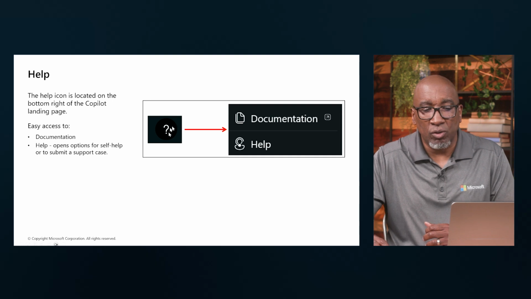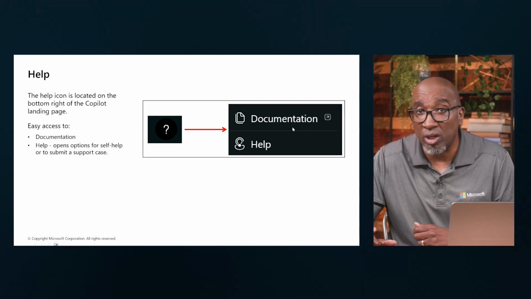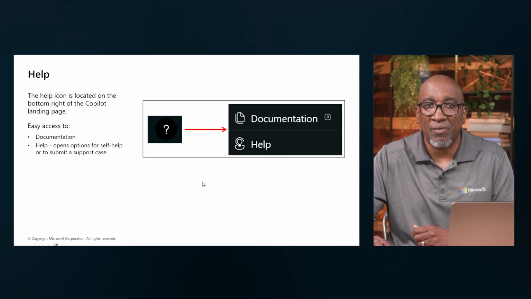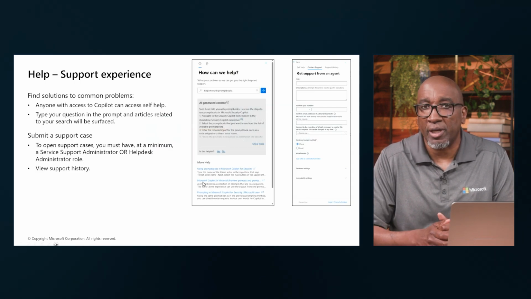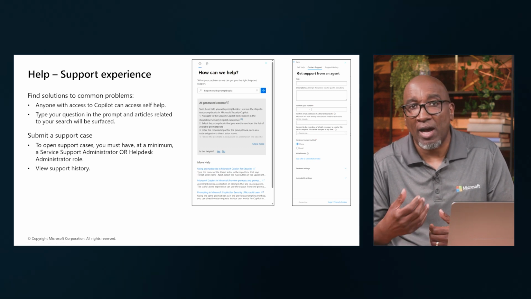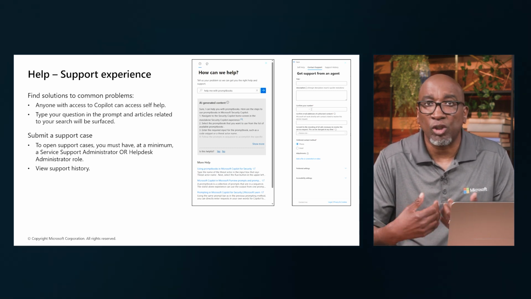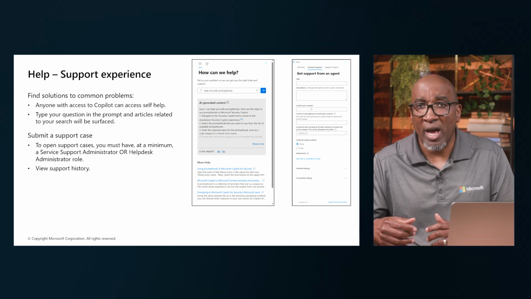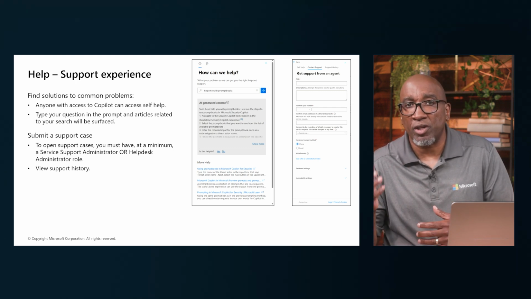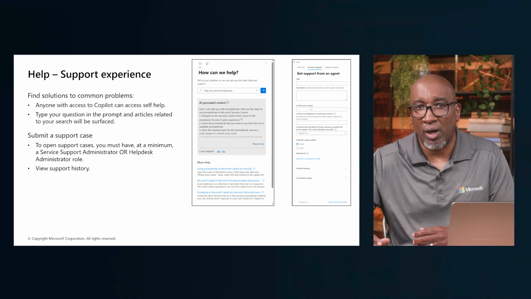You'll notice help contains the documentation for our environment, as well as a content-specific help session that gives you the ability to access help support. The support experience allows you to find solutions for any topic. If you have a particular incident or case, this also gives you the ability to submit those cases here as well.